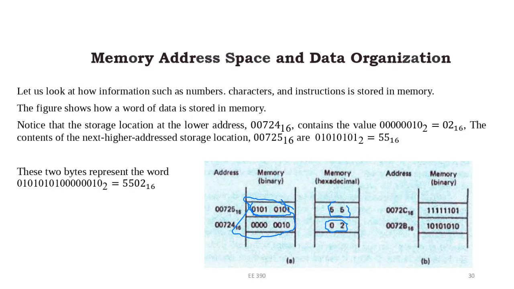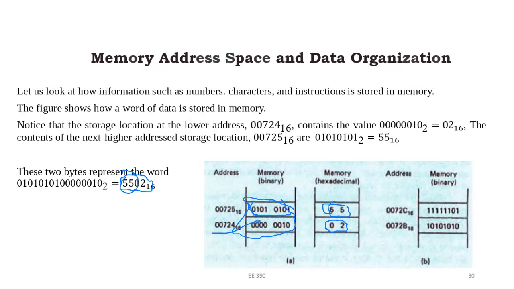For example, if this is the number 5502, 55 is the higher byte in the higher memory location, and the lower byte is in the lower memory location. Always look at the number of the address. For example, this memory location 00724, and the next one, the top one, is 00725.